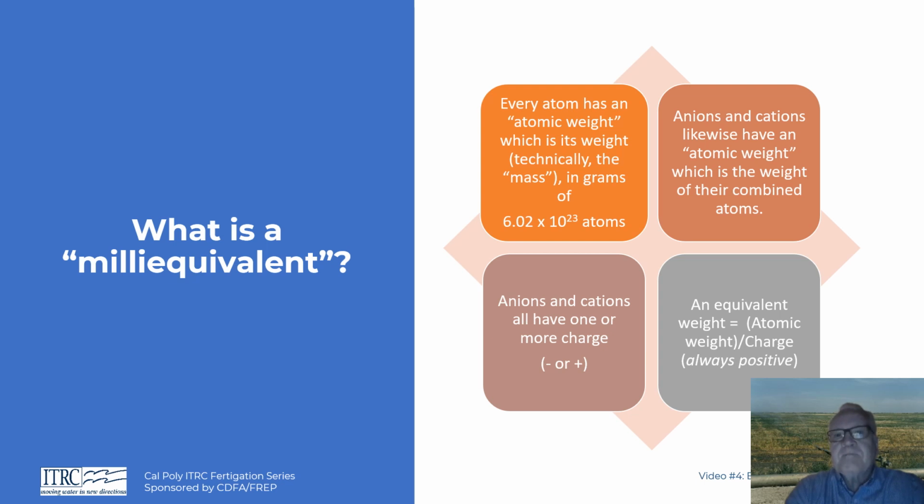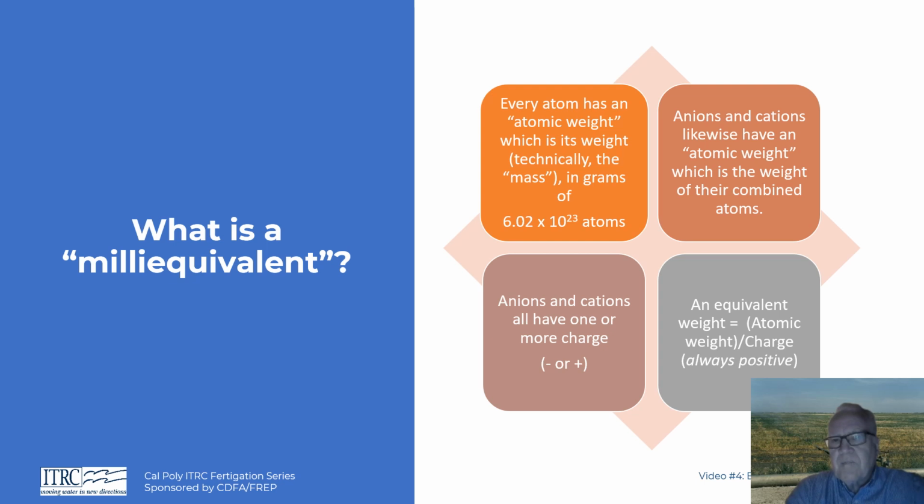Very exciting. Next thing is, if you go down, anions and cations always have one or more charge. So let's see, there's the idea of a weight, and then how many charges there are. So anions and cations, and remember those may be something complicated, like a sulfate is an anion, and that's SO4, and it has 2 charges.